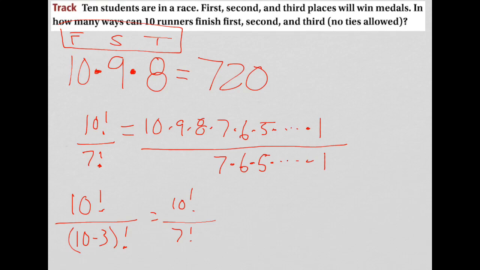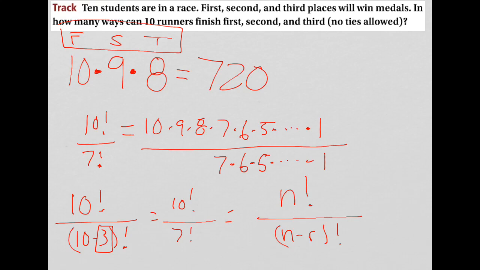We were looking for first, second, and third. 3 different options there. And that is actually our generic formula. n factorial divided by n minus r factorial, where n is the total number of options, and r is the specific number of different ways we are looking to arrange those 10 options.